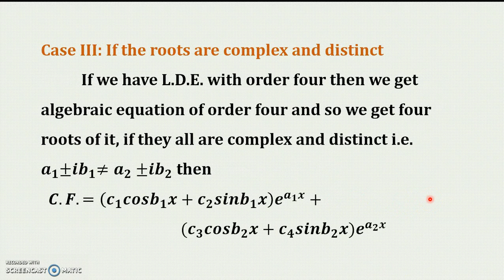In the next case, if the roots are complex and distinct, suppose we take a linear differential equation of order 4 and we get an algebraic equation of order 4, so we get 4 roots obviously.